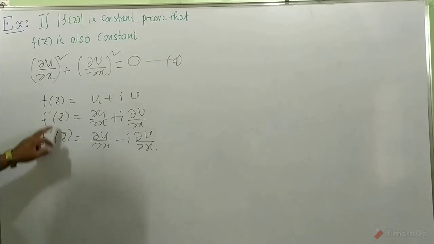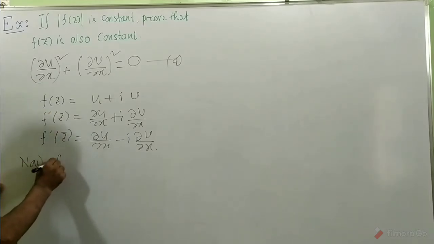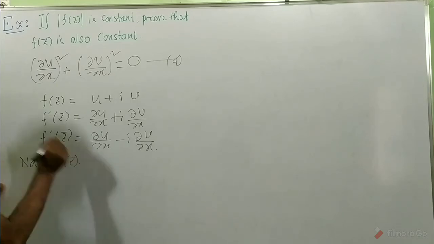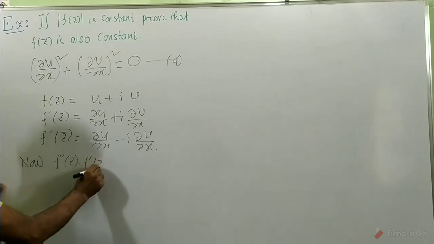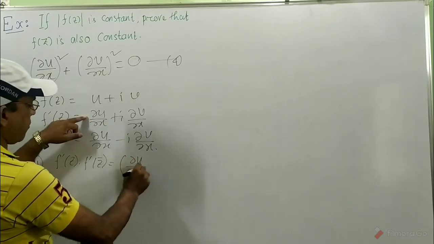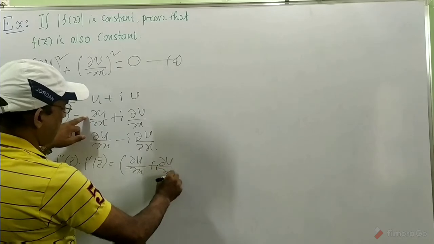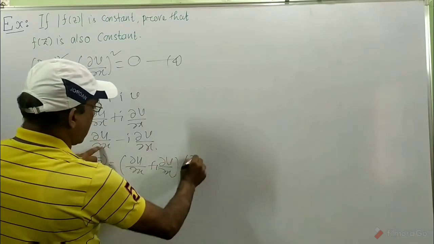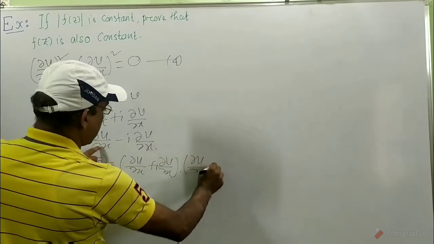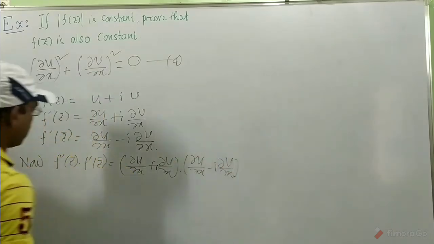So if we multiply these two, f'(z) into f'(z) bar, then this will be (∂u/∂x plus i ∂v/∂x) into (∂u/∂x minus i ∂v/∂x).